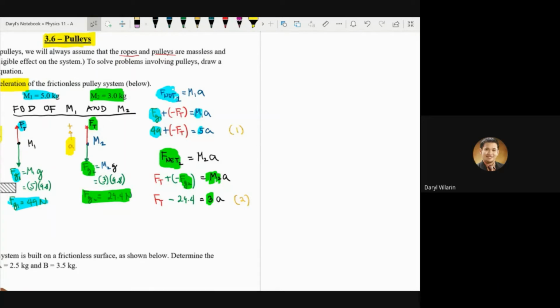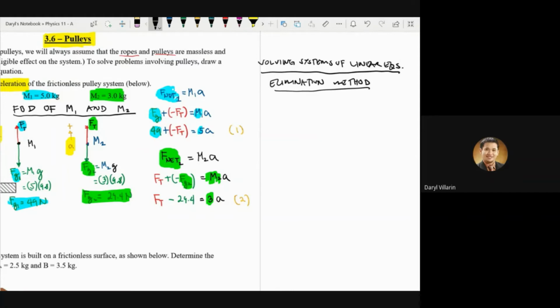So again, there are two ways of solving systems of linear equations. The first method is the elimination method. The idea here is you want to eliminate at least one variable, okay?